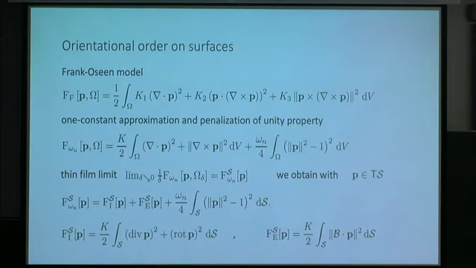To do this limit, and to do it on a closed surface, you have to violate either P to be of unity or the requirement that it should be tangential. So you can't fulfill both. And this is to allow places where P will be undefined.